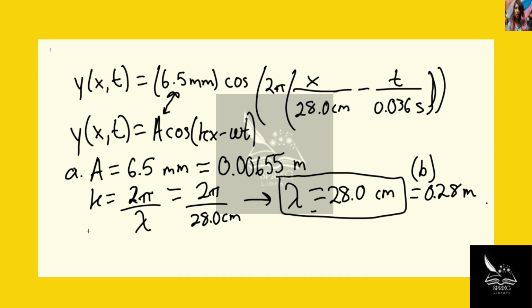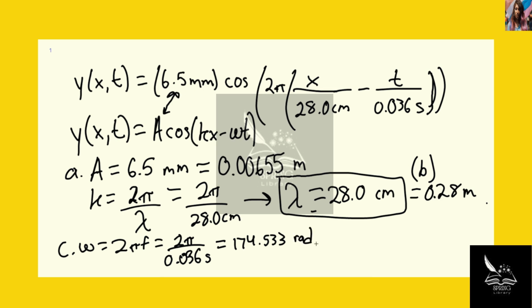And then C is asking us for the frequency. And we know that the angular frequency is equal to 2 pi f, where f is the frequency. And we know that the angular frequency here is equal to 2 pi over 0.036 seconds. At this point, we can solve and say that this is going to be equal to 174.533 radians per second.